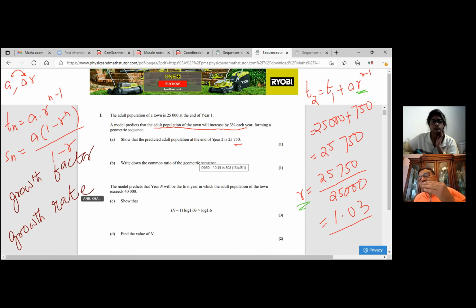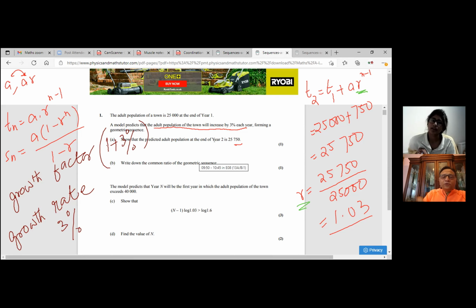At which rate is it growing? You understand? The growth rate is 3% and the growth factor is 1 plus 3%. You are multiplying by 1.03 each time. Correct? Many times we also ask students this question: in this situation, what is the growth rate? What is the growth factor? You get the idea? Okay.